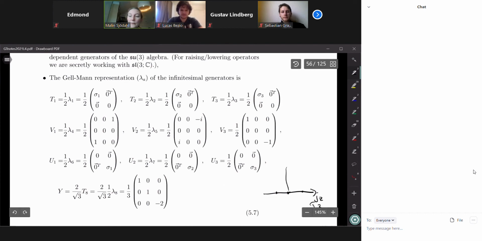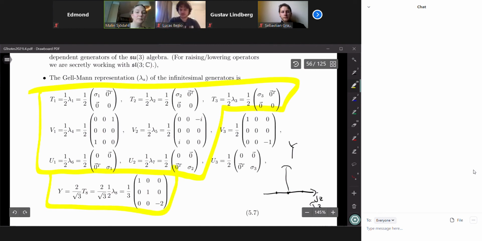And the orthogonal direction will be given by the Y. But now I'm going ahead. But this is the motivation for using these matrices here and that matrix here as our independent generators.